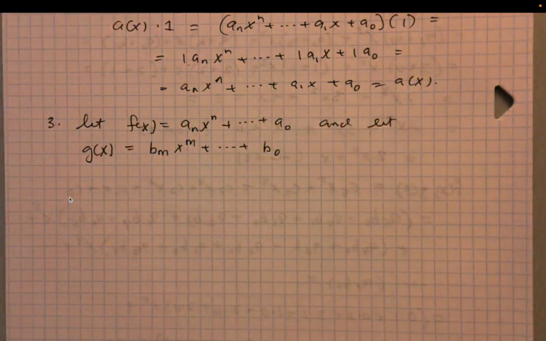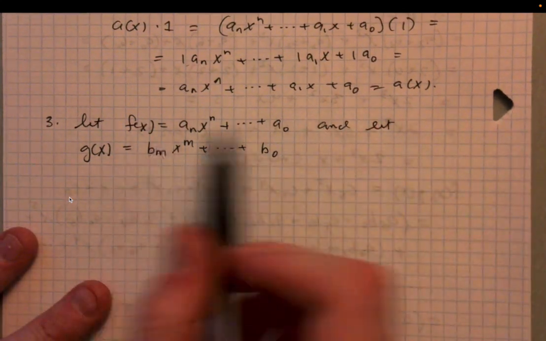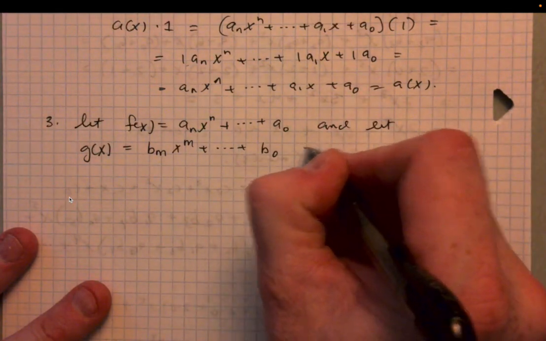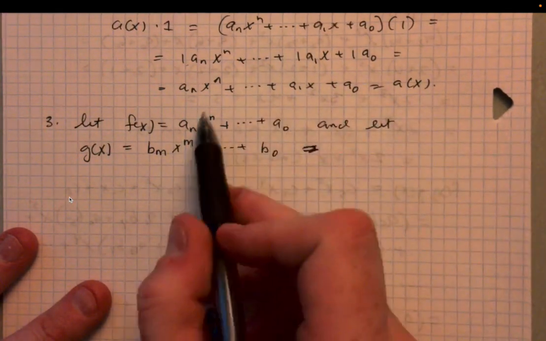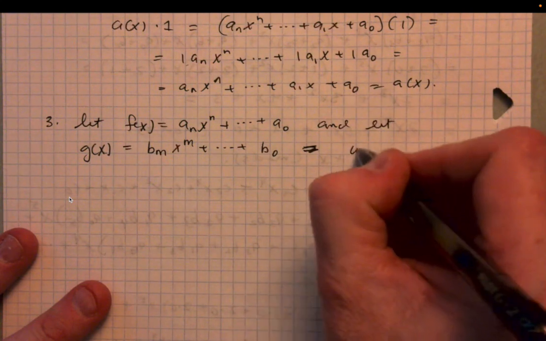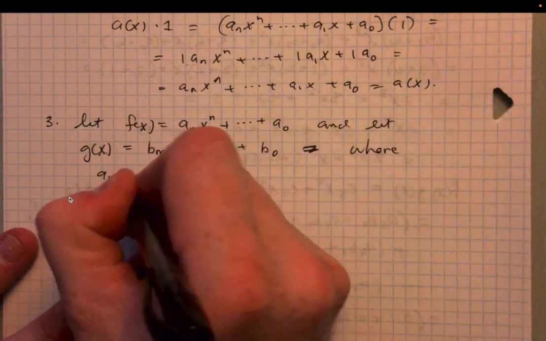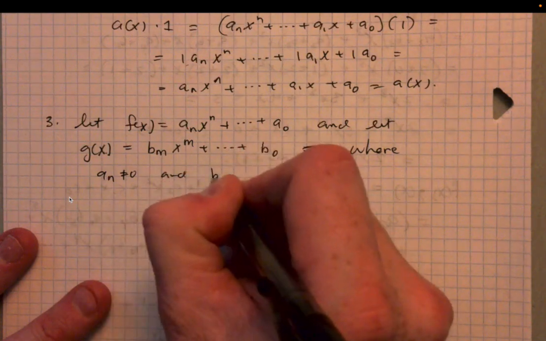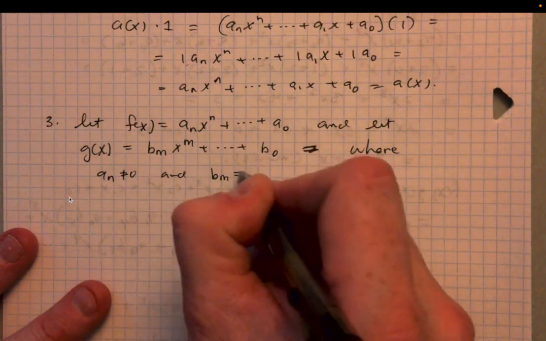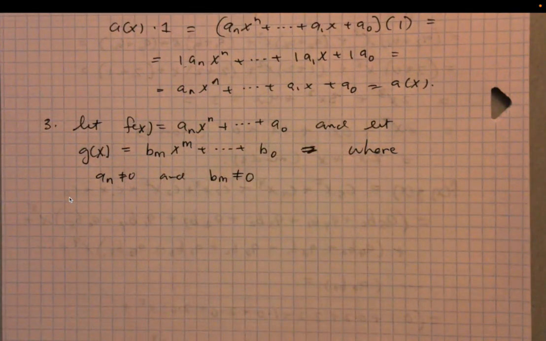Okay, and so remember, in the zero divisor definition, the two numbers being multiplied together cannot be 0, right? And so what that means here is that we have to specify that these polynomials are non-zero. So we'll say where a sub n is not equal to 0 and b sub m is not equal to 0 as well. Okay.